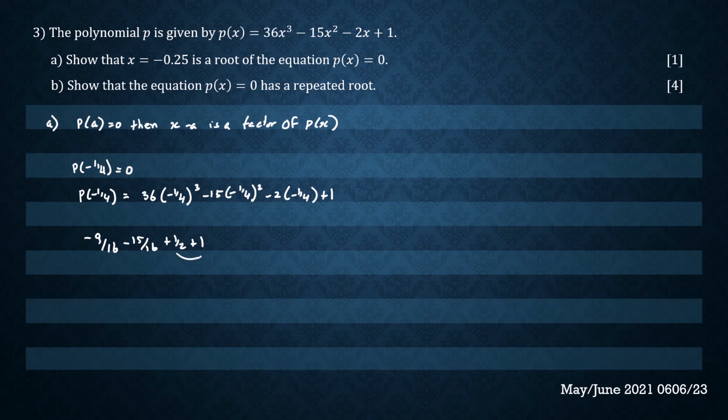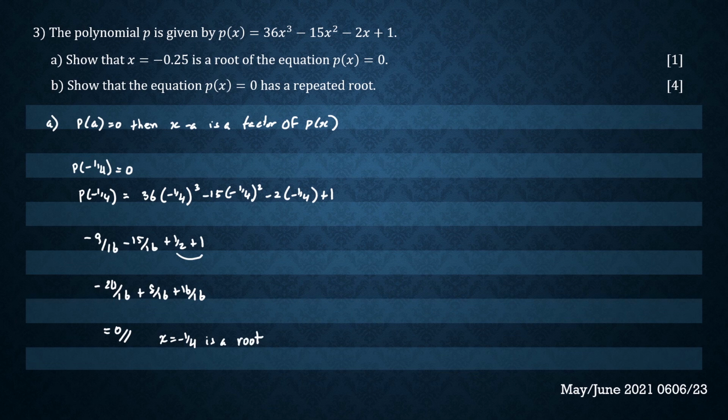And changing these to a common denominator, we'll have -24/16 + 8/16 + 16/16. And when you add those numbers, you'll get 0. So x = -1/4 is a root.